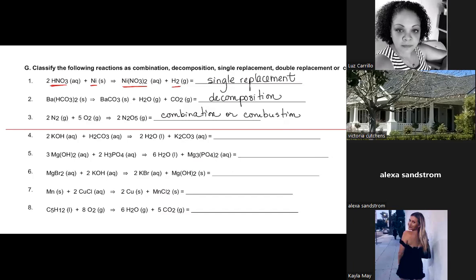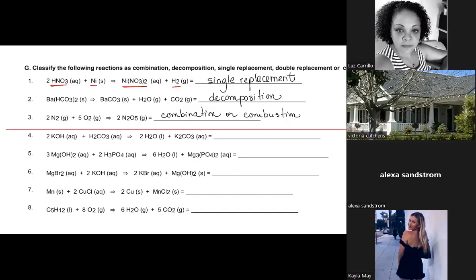And in the double replacement, we switch partners. And then in combustion, remember that as long as your molecule is reacting with oxygen, that is considered a combustion. And if your molecule that you're reacting molecular oxygen with contains carbon, hydrogen, or carbon, hydrogen, and oxygen, you will make CO2, water, and energy.